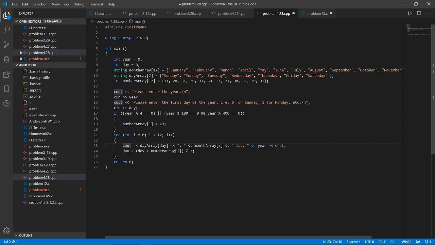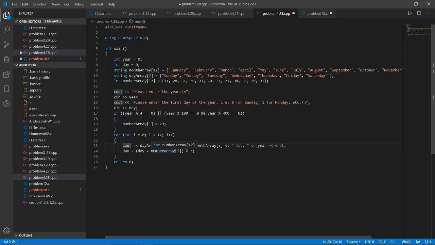And then following this is how we update. This is how we find out what day of the week the first day is on. So it looks a little more complicated because it is using the arrays, but it's simply the day. So Wednesday was a 3, so 3 plus, and then wherever we're at in our number array.